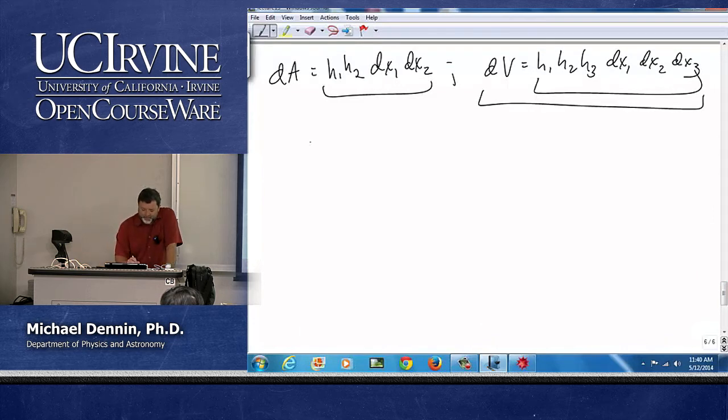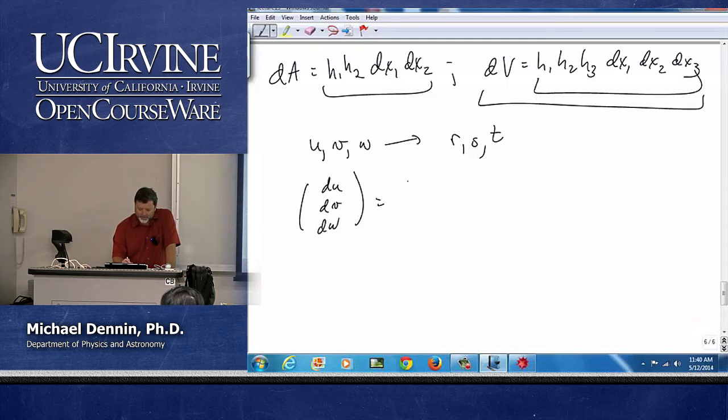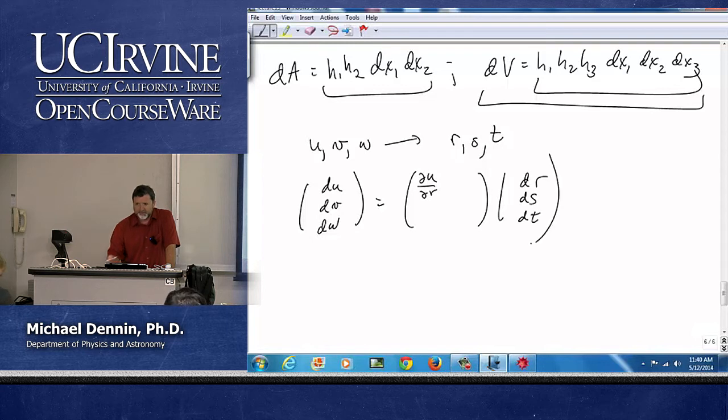And if I think about it in terms of any generic three variables, u, v, w, going to r, s, t, I will write this in terms of du, dv, dw, my Jacobian, which is all my partial derivatives, du/dr, etc., dr, ds, dt.